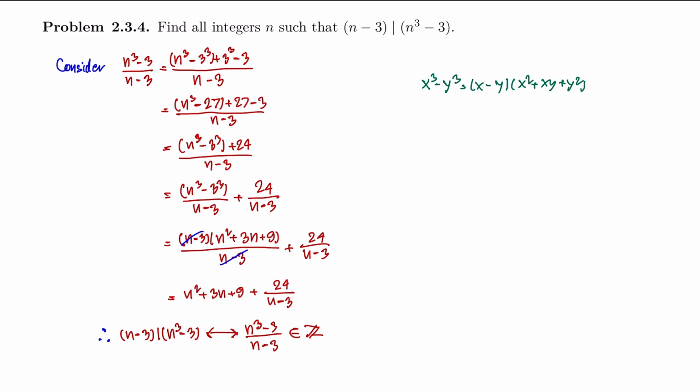That means this term right here must be an integer, because this one is already an integer.